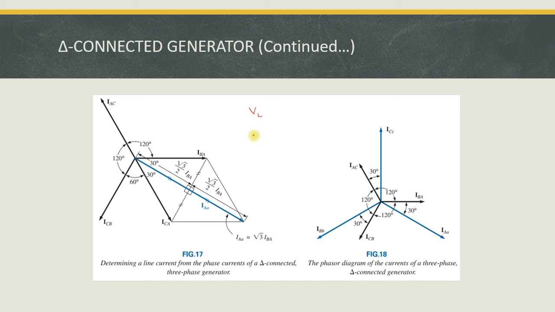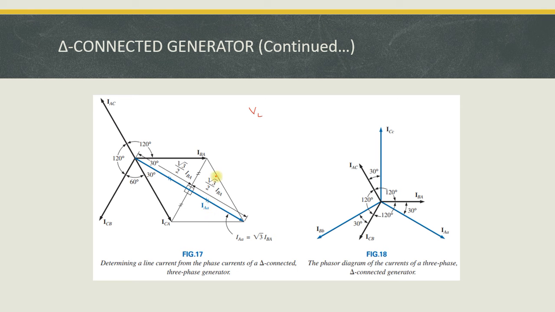Similarly, the same setup is established here. This is the phase current of the delta connected generator. IBA, IAC, ICB are the phase currents. Here IAA is the line current of the delta connected generator.